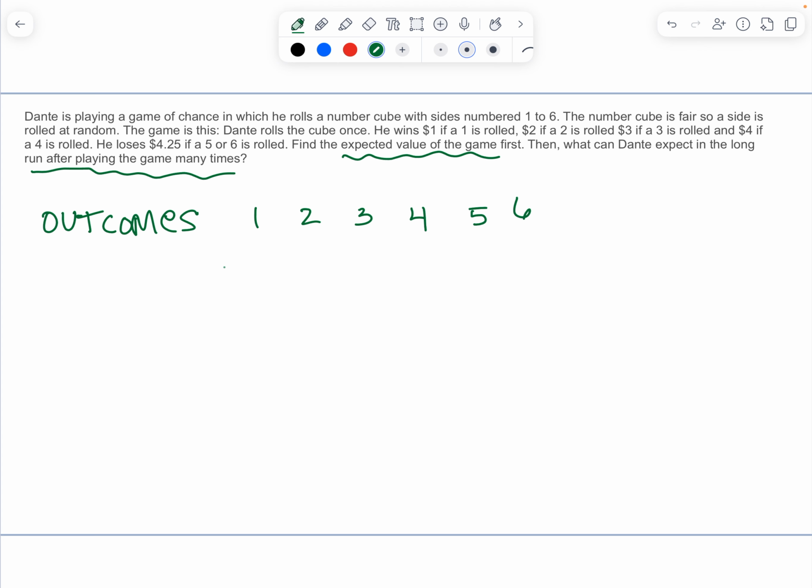Now, he's going to win something, right? So we'll call this the result. So if he rolls a 1, he gets $1. A 2, $2. A 3, $3. And a 4, $4. Now, if he rolls the 5 or the 6, that's where he has to pay the house. So it's a negative 4.25 for both a 5 or a 6.